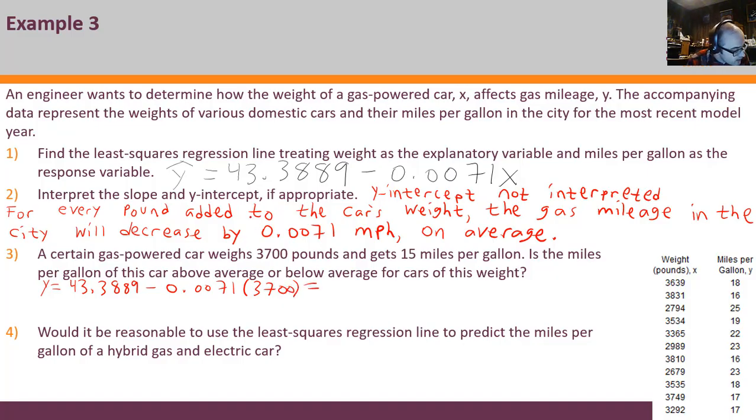If you do this math out, you get an answer of about 17.1 miles per gallon. I have an hour there, not a gallon, so I can very quickly fix that. Miles per gallon. So this will be the average, and the 15 here is going to be below average.